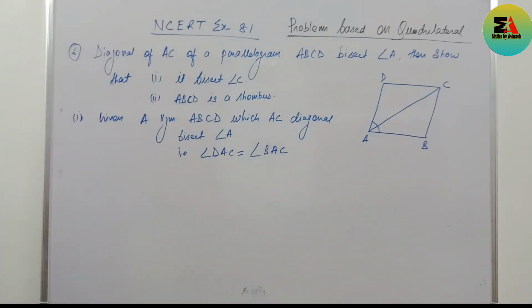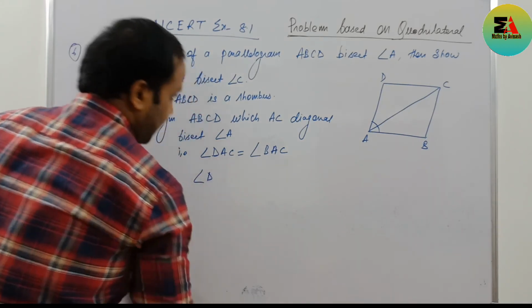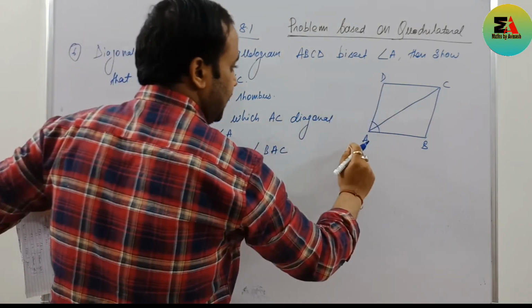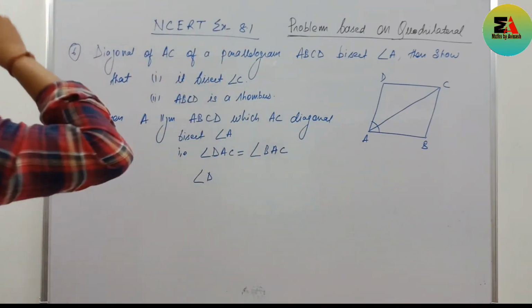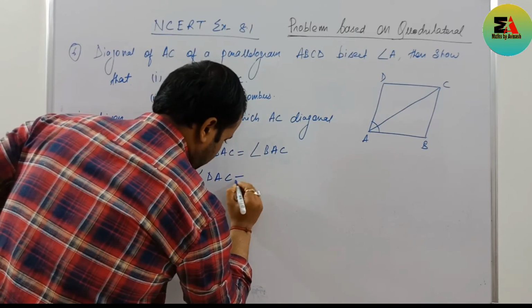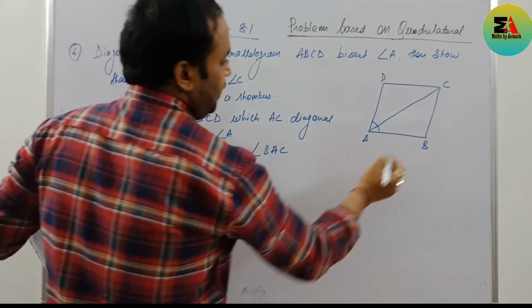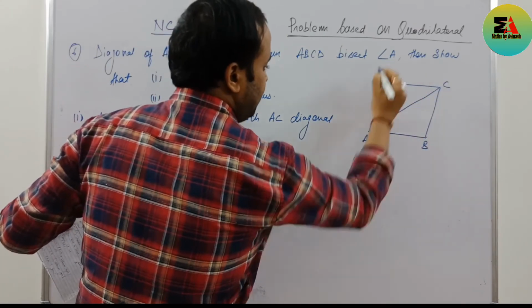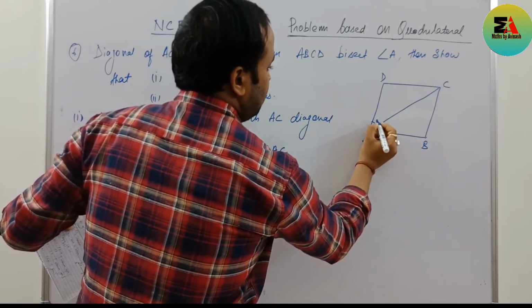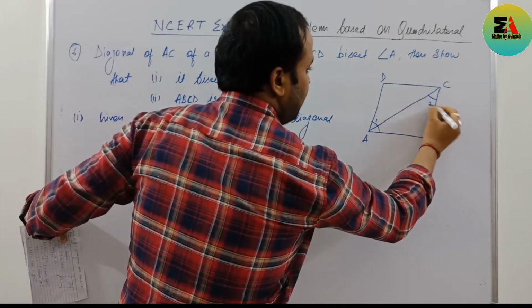Next, see carefully, angle DAC equals angle BCA. This one is represented by angle 1, this by angle 2. Clear?